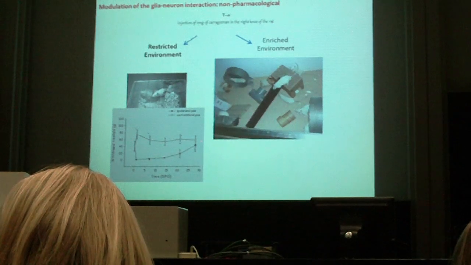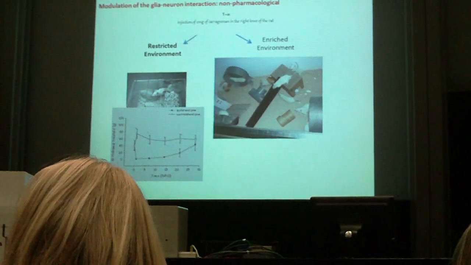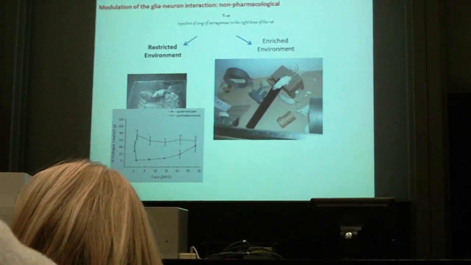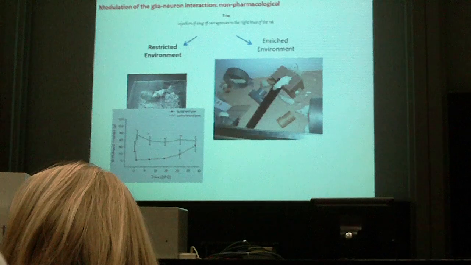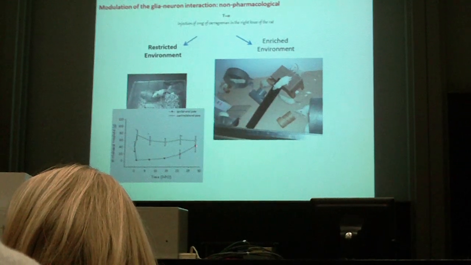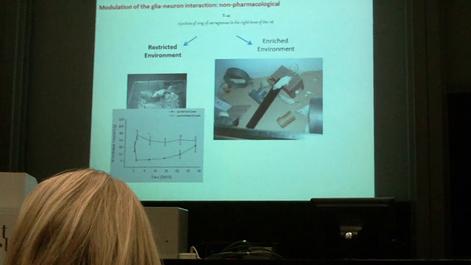This is the control paw, the right one, and this one is where we injected the carrageenan. It becomes more sensitive, responding to only a few grams and withdrawing, whereas normally you need about 50 grams. That continues for 4 weeks. After 4 weeks, we see the injured paw at the same level as the uninjured paw, if housed in the jail.